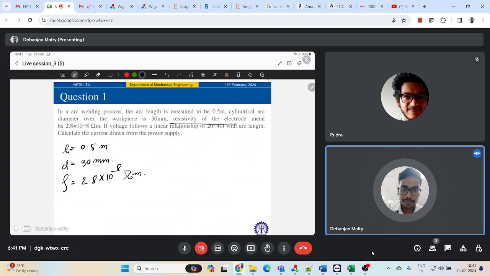It says the voltage follows a linear relationship of 20 plus 40 L, where L is in meter.